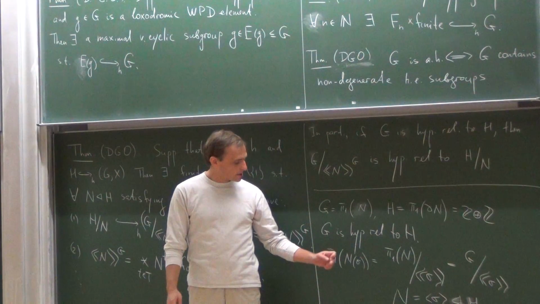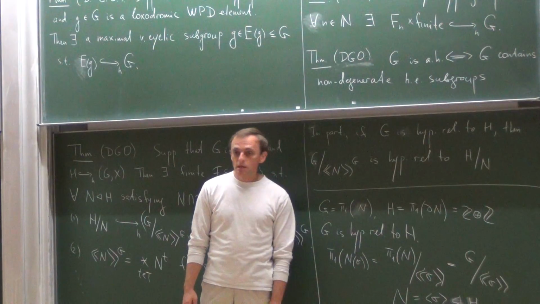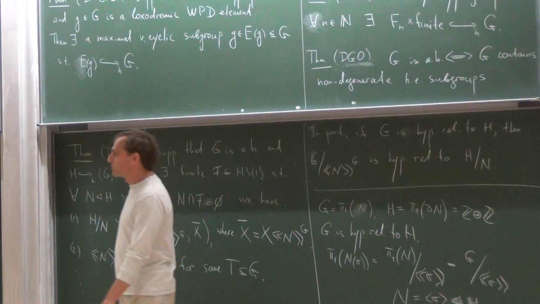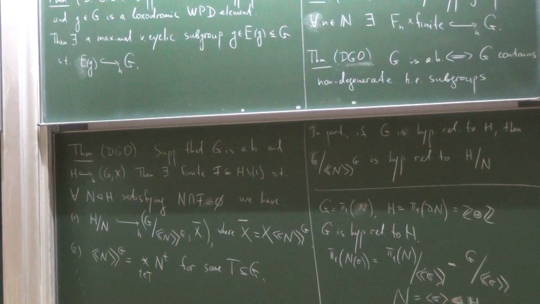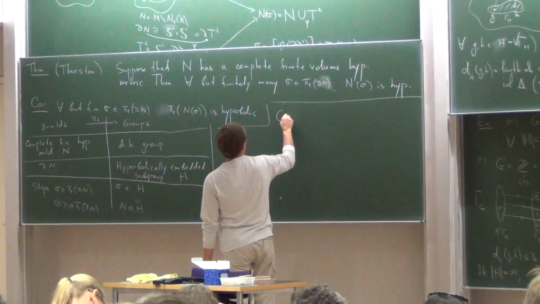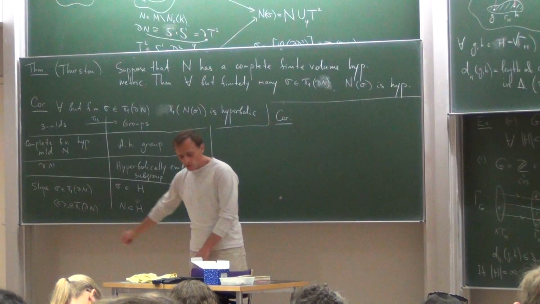So the conclusion is that this group is hyperbolic in this case. That follows. And that's exactly the statement of Thurston's. Right? Okay, I think we started in the statement in minutes. So let me just mention one more corollary from this.